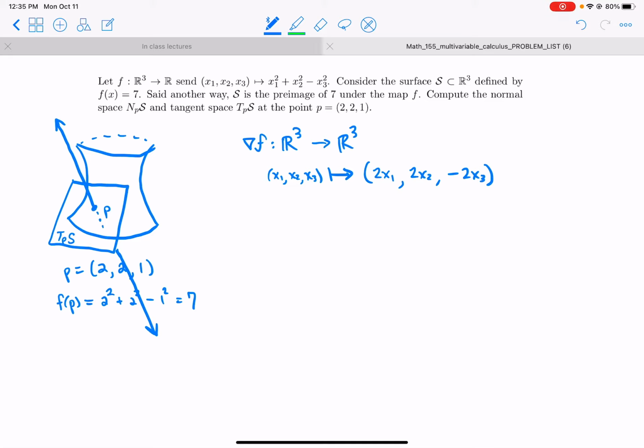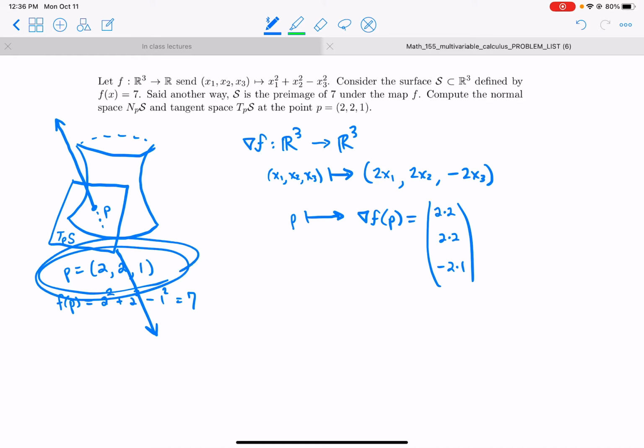So the gradient of f evaluated at the point P is a vector. Namely, if we plug in P to the gradient, we get out this vector. What is it? Maybe I'll write it vertically. It'll be 2 times 2, 2 times 2, and minus 2 times 1.